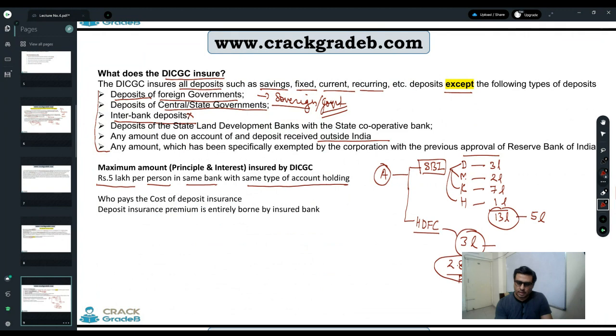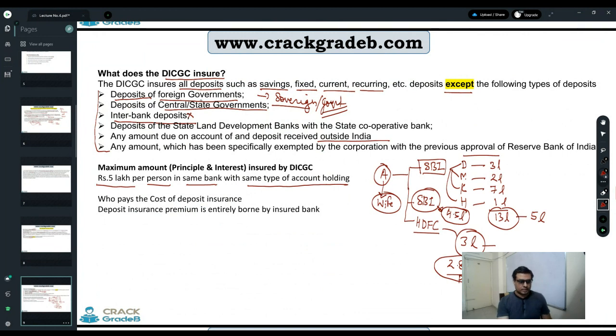But suppose person A has opened another account in SBI with his wife, and that amount is 4.5 lakh. Then this deposit will be insured separately.